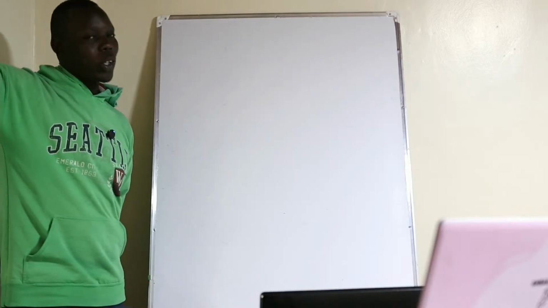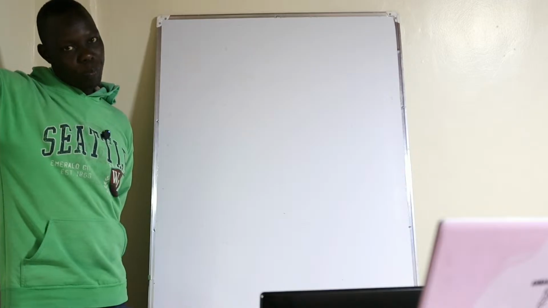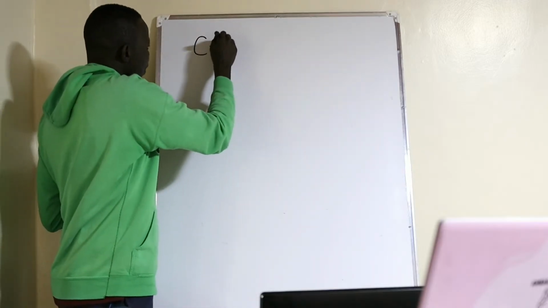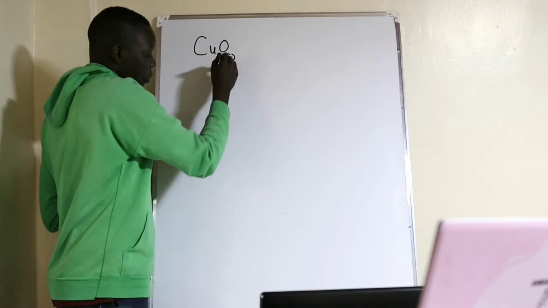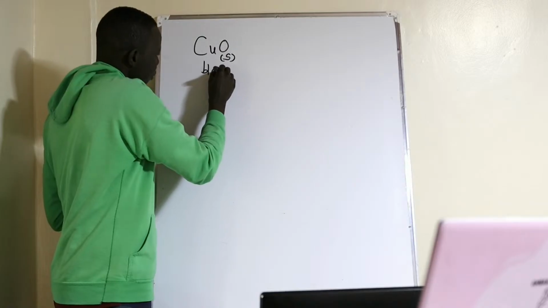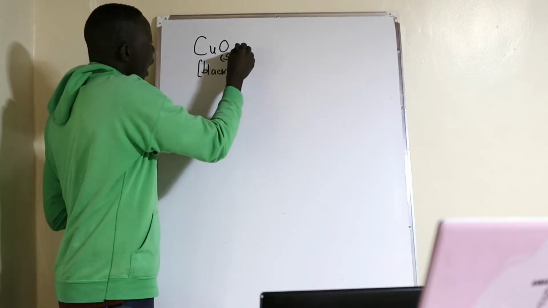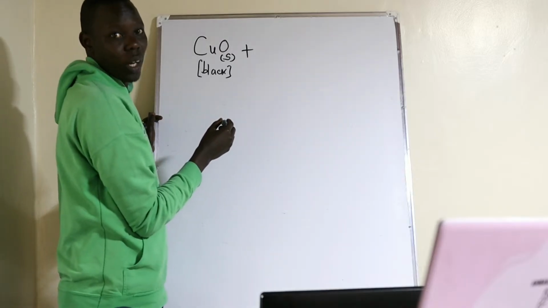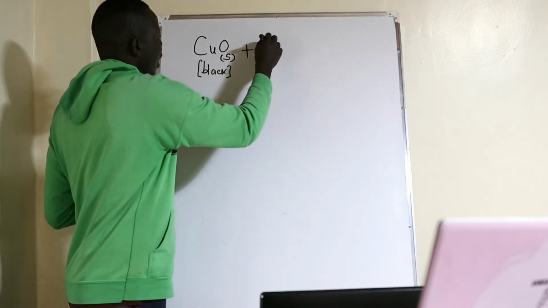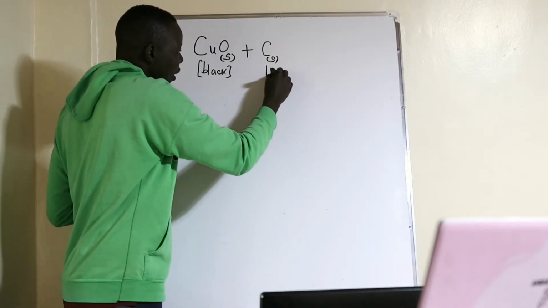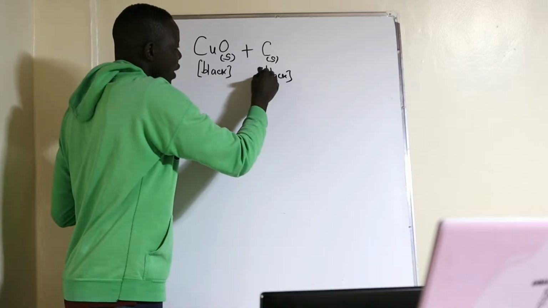Let's start with copper 2 oxide, written as CuO. This one is a solid, and it is black in color. To react with, or come into contact with, carbon, which is a solid and is also black in color, please be very keen with that.